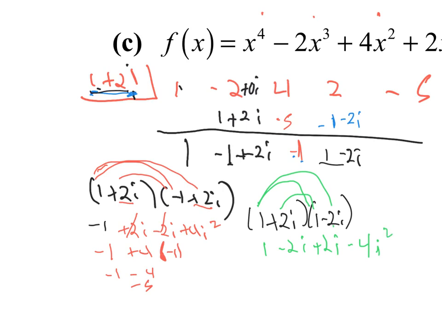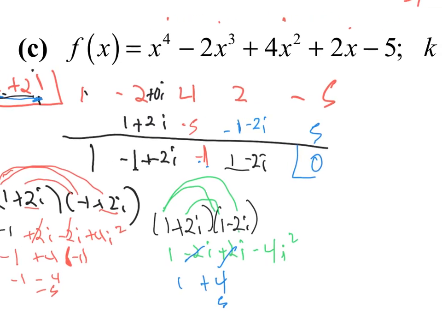So just as I said, these two cancel. And that's a negative 4 times a negative 1. That becomes a positive 4. 1 plus 4, 5. So that 5 goes here. Add straight down is 0.